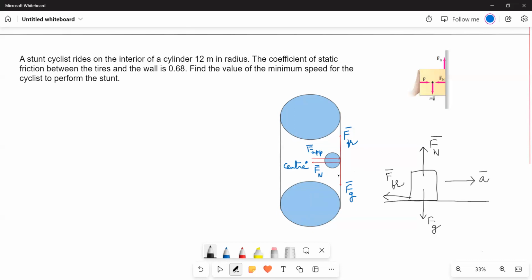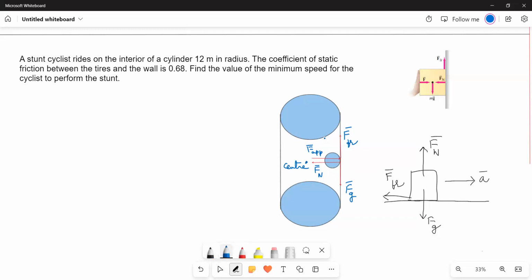Centripetal force is not a new force which comes all of a sudden from nowhere. It is just any of the forces you studied in your regular study acting as the centripetal force. The only thing is the force is directed towards the center. That is why we call it centripetal force. So here the normal force is the centripetal force.